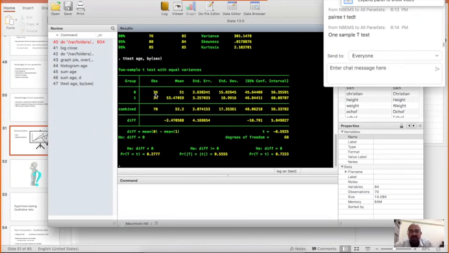There were 36 men and 34 women. Now, it gives us the standard deviation, it gives us the mean. And if I look at the confidence intervals, I see that the confidence interval is from 45 to 56 in case of men, and 46 to 60 in case of women.